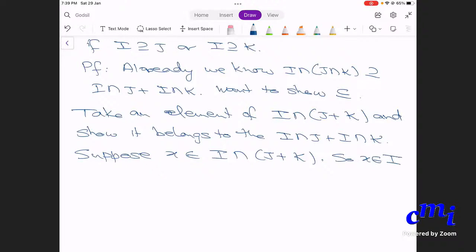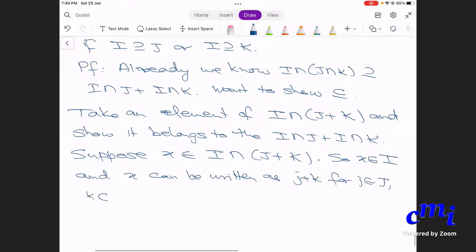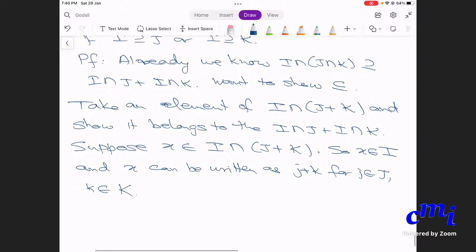And further, it belongs to J plus K. So x can be written as little j plus little k, for little j in J and little k in K. So x belongs to I and x is equal to j plus k, where little j is in J and little k is in K. This much we know.